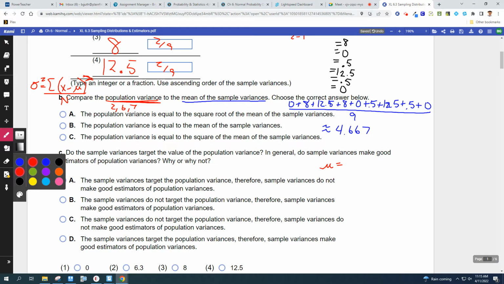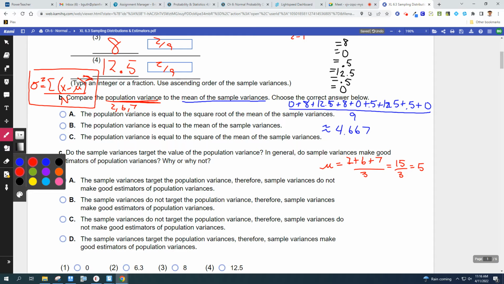But we want to find the mean. So we're going to add those 3 numbers, 2 plus 6 plus 7, and divide by 3. We've got 15 divided by 3 is 5. So the mean is 5. Now we're going to use the formula for population variance. Sigma means sum.